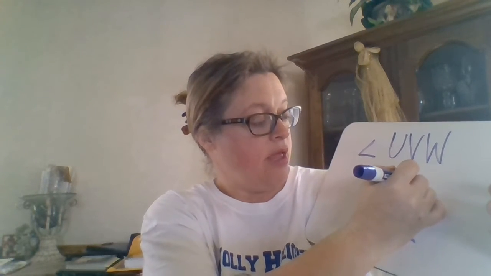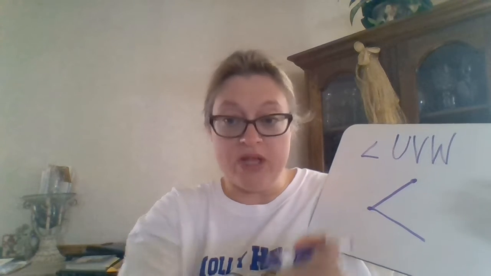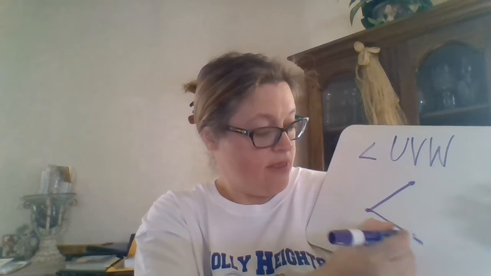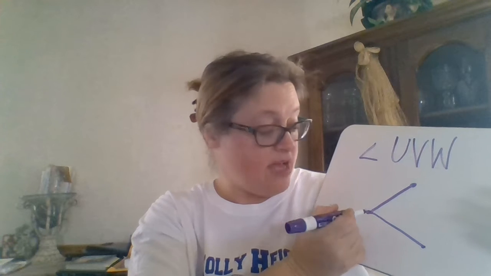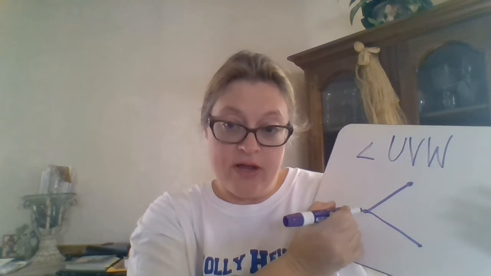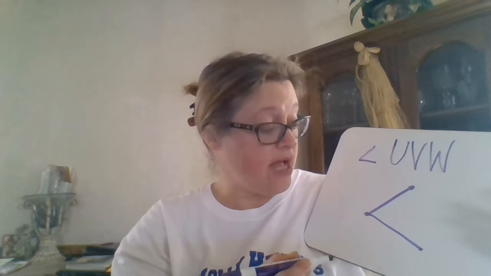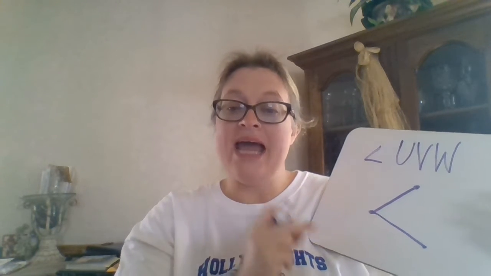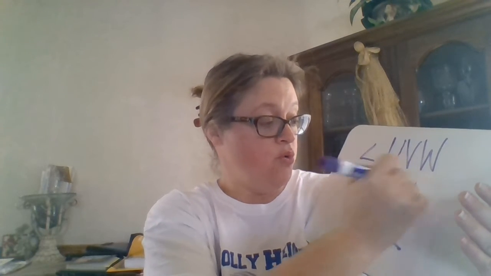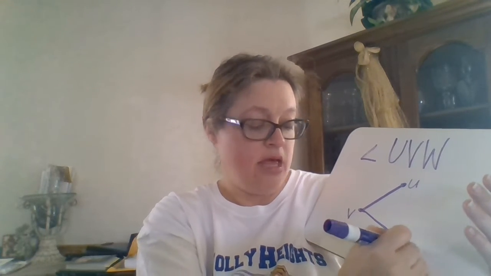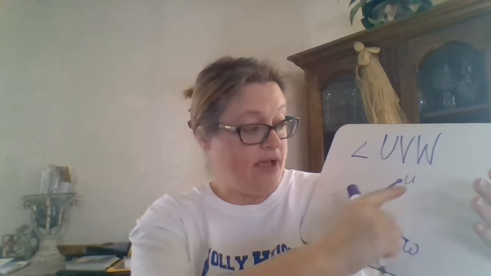So here's one line segment. Here's another line segment, and they meet right here at this vertex. You can see it kind of makes a V, a vertex, okay? So I can label this angle as UVW, okay?